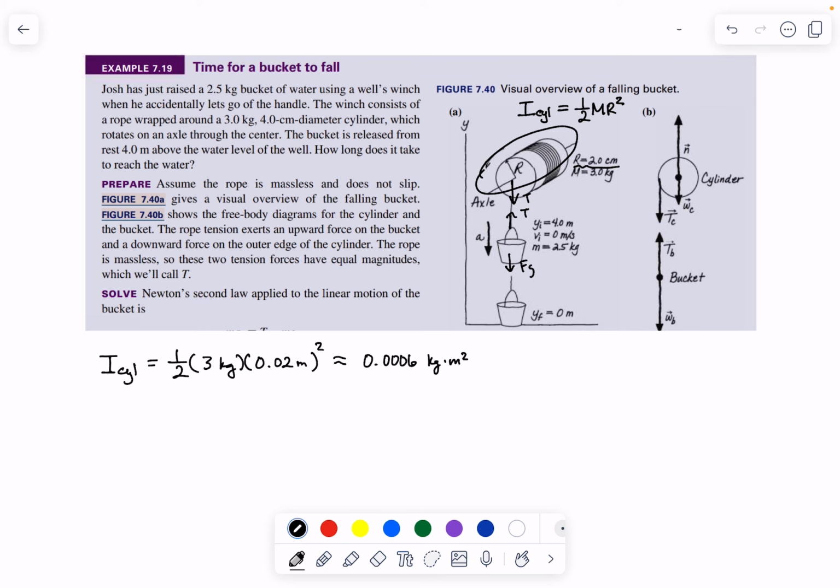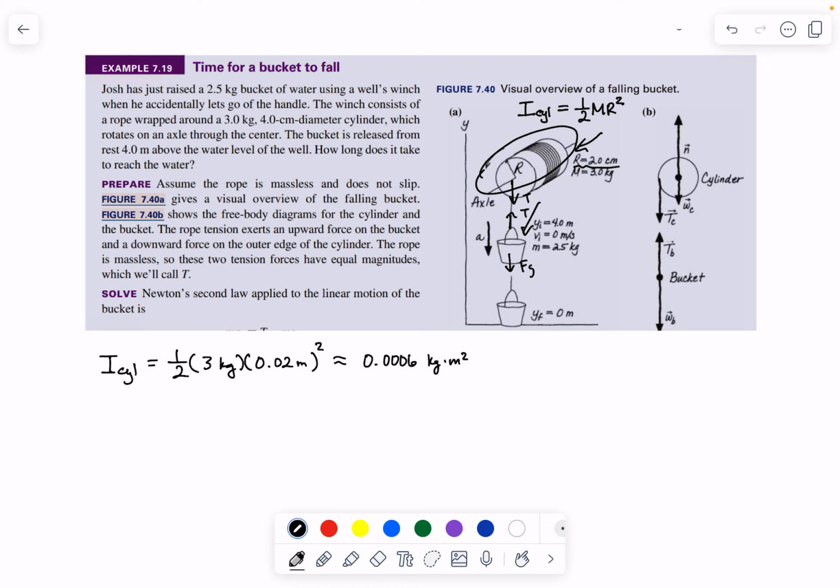But the point is, what this problem is doing is it's trying to draw a relationship between linear motion, the linear motion of the bucket, and the rotational motion of this cylinder. So one thing we also might want to keep in mind is that there is a connection between how this bucket accelerates linearly and how this cylinder accelerates rotationally. And the connection is that connection I've been trying to draw y'all's attention to for the past week and a half or so.